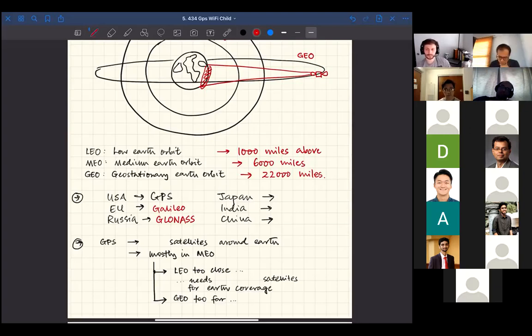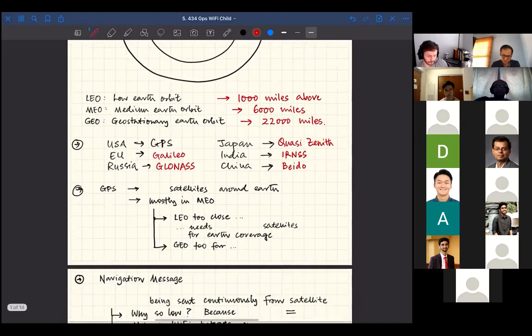Japan has what is called Quasi-Zenith. India has IRNSS, and China has Beidou. Okay, so these are the different satellite systems, and all of them are going around the Earth, and some other countries might share satellite systems that have already been launched into orbit.